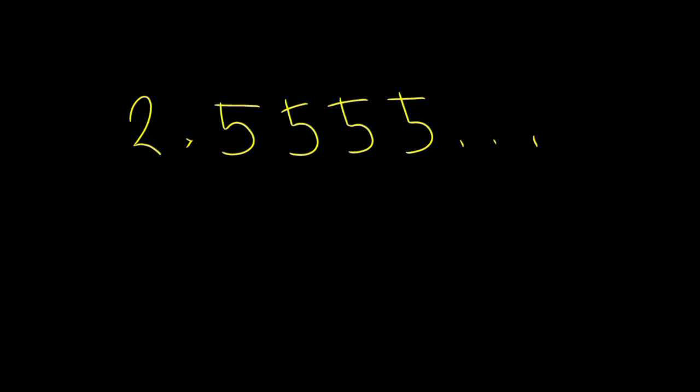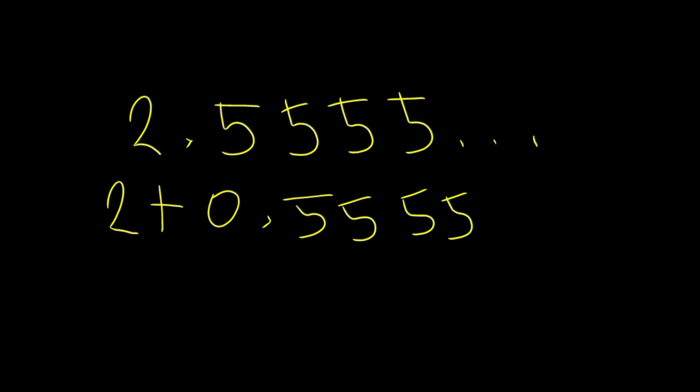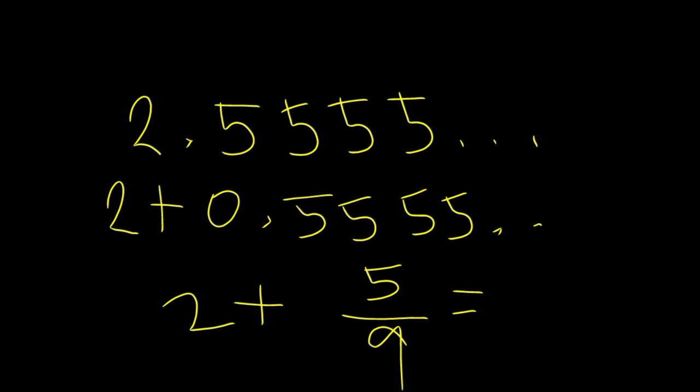So 2.5555 is simply 2 plus 0.5555 and so on and so forth. 0.555 is simply 5 over 9. So we have 2 plus 5 over 9, and that is 2 and 5/9.